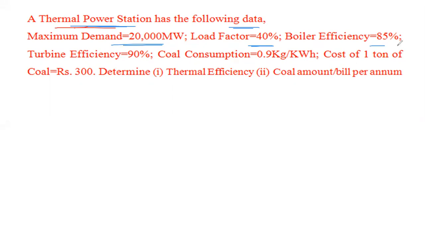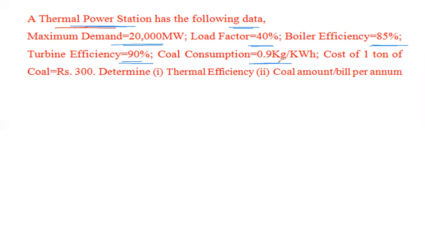The boiler efficiency is 85%, that is 0.85, and the turbine efficiency is 90%, that is 0.9. The coal consumption is 0.9 kg to generate 1 kWh of power. The cost of 1 ton of coal is given as 300 rupees.